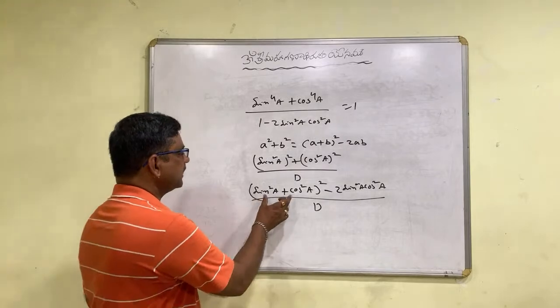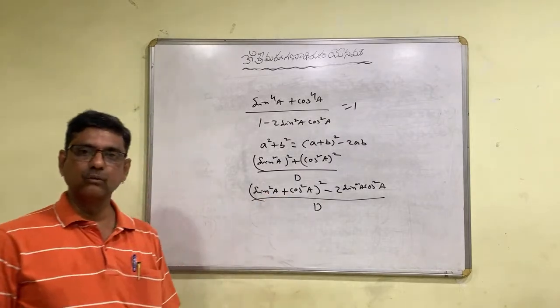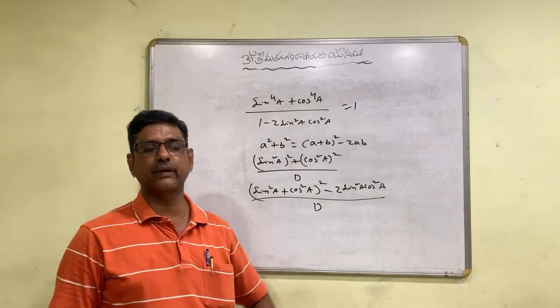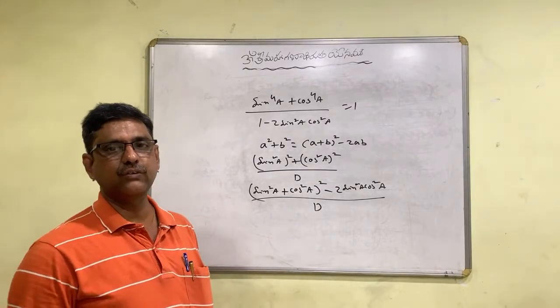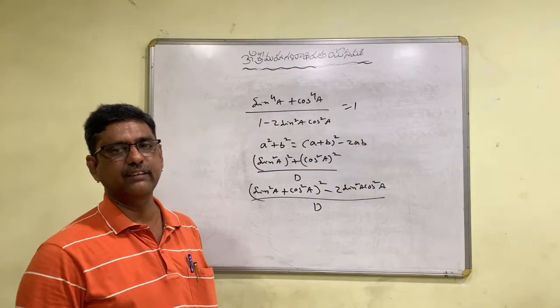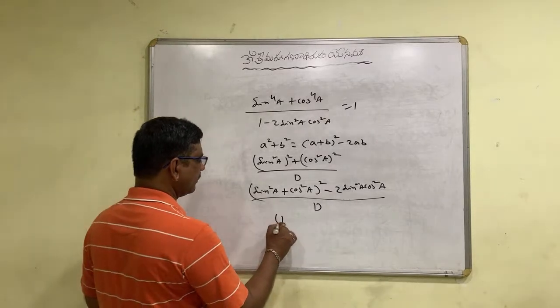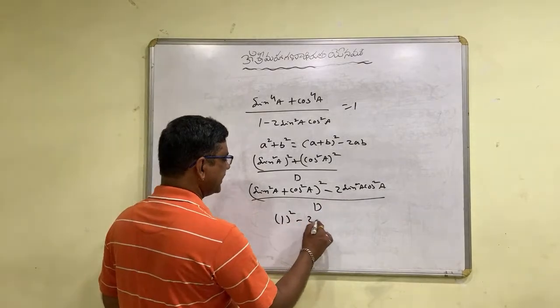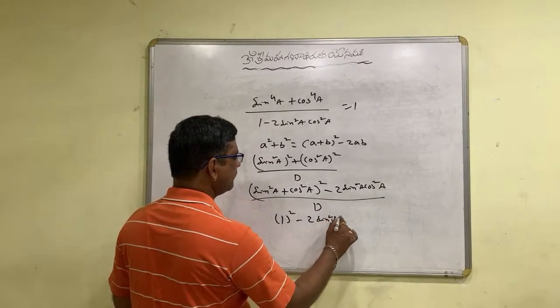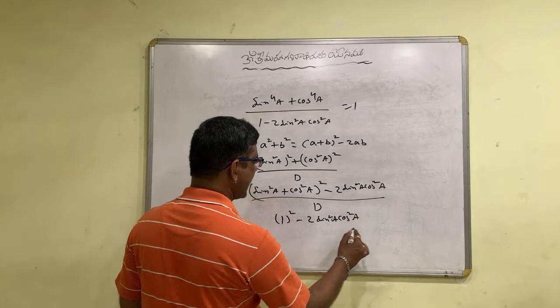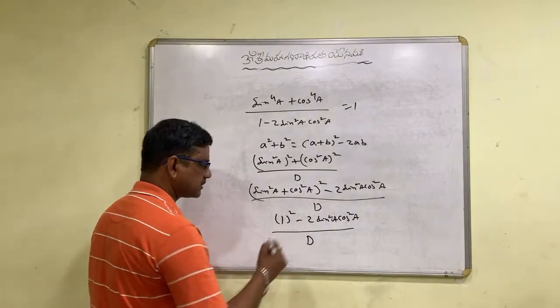Now, the term in the brackets, sin square a plus cos square a, I think it is 1. Is that right? Sin square a plus cos square a is 1. Is that right, children? Okay. Now, 1 square minus 2 sin square a cos square a by denominator as it is.